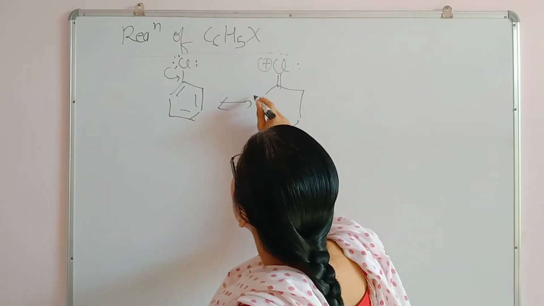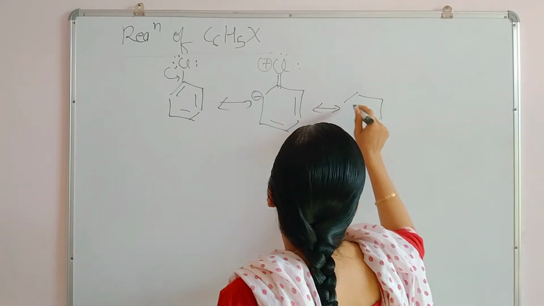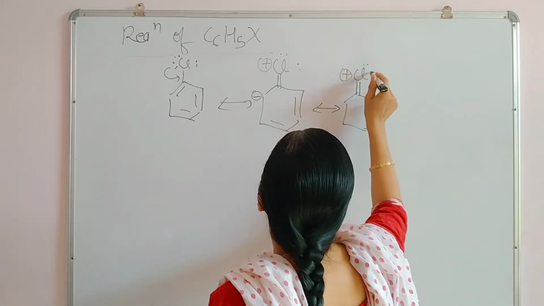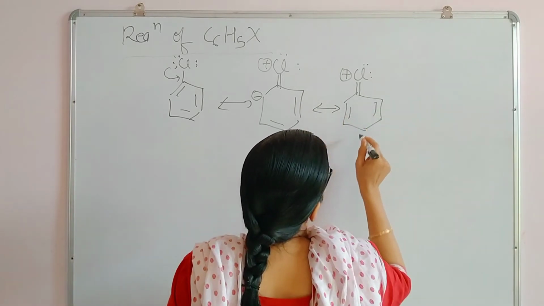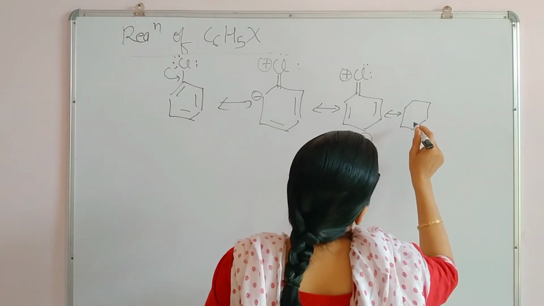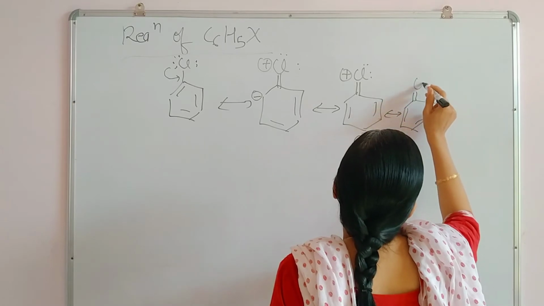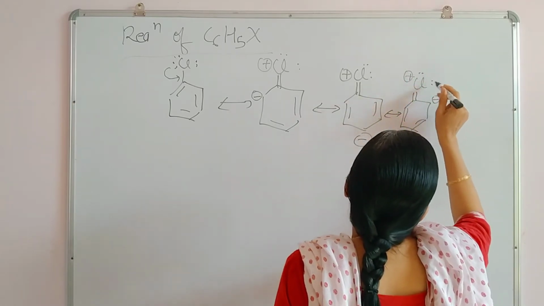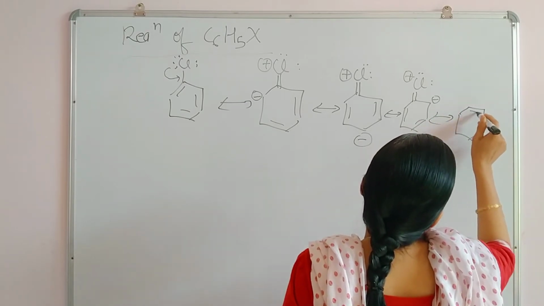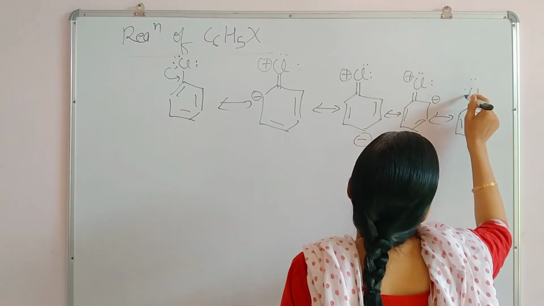This bond will remove the negative charge. Again, this double bond, Cl plus will remain as it is, and rotation of this negative charge. Now again, this negative charge will convert into a bond, and this positive charge will be removed.